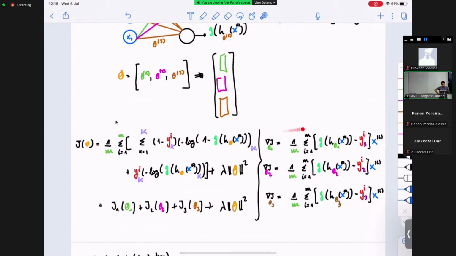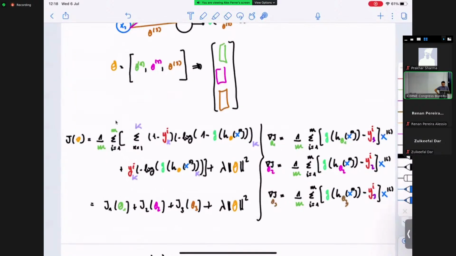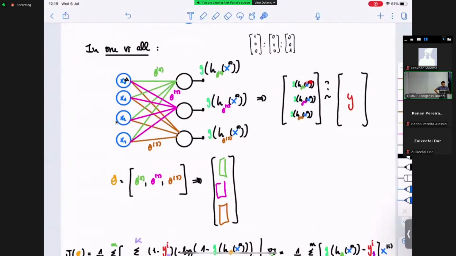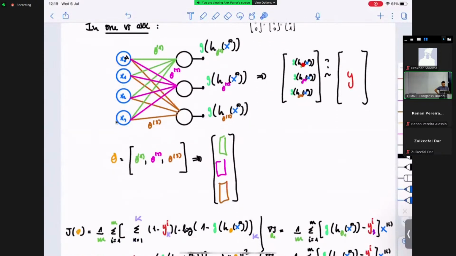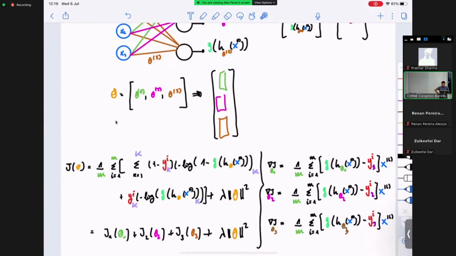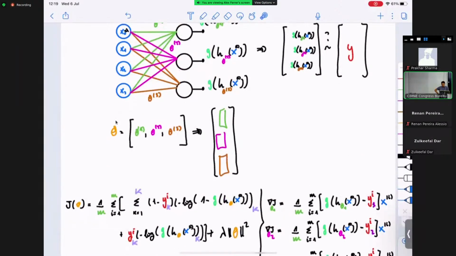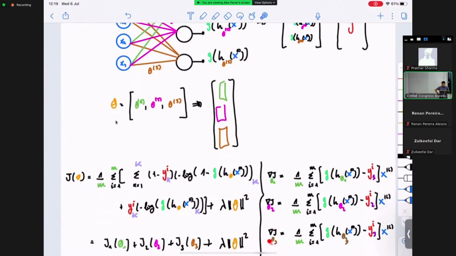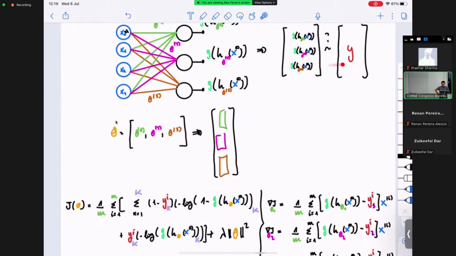When you do the gradient, only the first row depends on this theta. The second row depends on this theta, and the third row depends on this theta, and you add all of them and square. So when you do the derivative, you only have to take care of the terms that have that theta: this row for the first derivative, this row for the second, and this row for the third.